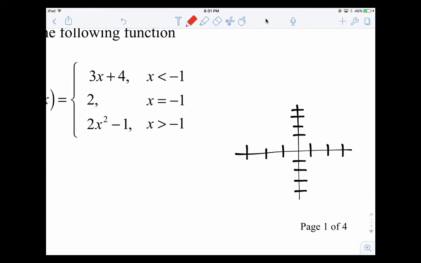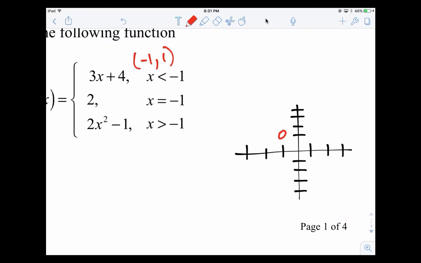The first function that I have is 3x plus 4, x is less than negative 1. So when I plug in negative 1 into that function, 3 times negative 1 is negative 3, plus 4 is positive 1. So I'm going to have an open circle there, negative 1, positive 1.